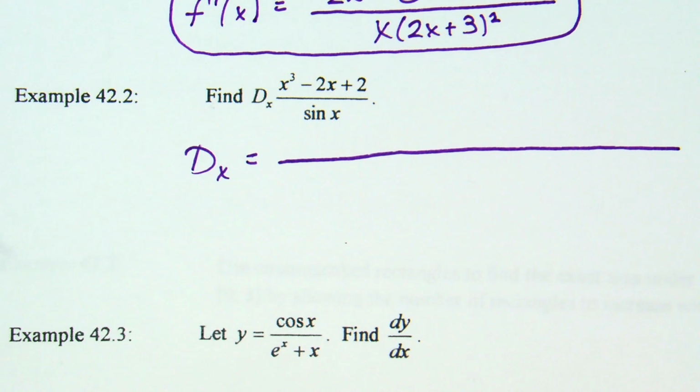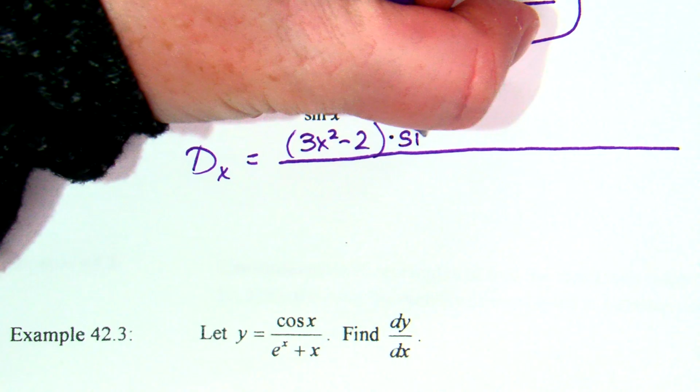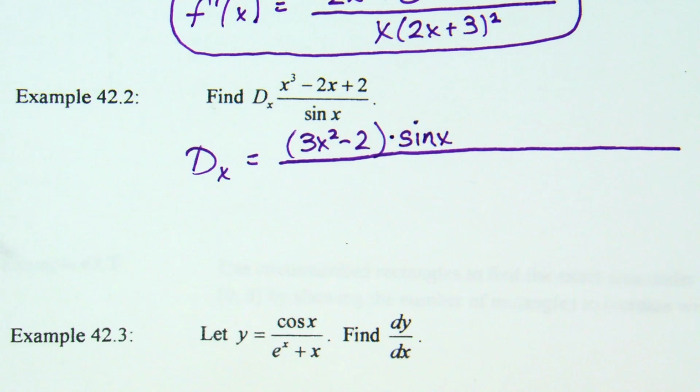So what's the derivative of my numerator? 3x squared minus 2 is the derivative of the top, times sine x, the denominator. Notice, of course, my 3x squared minus 2 is in parentheses. That's required.